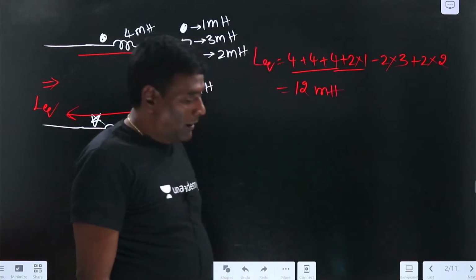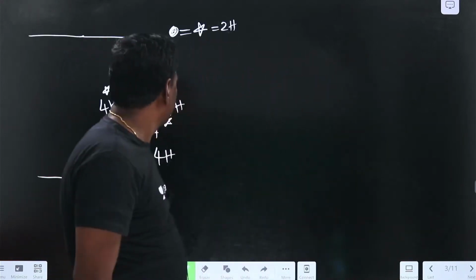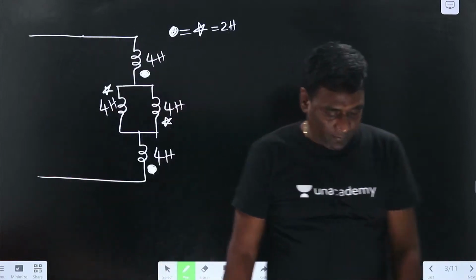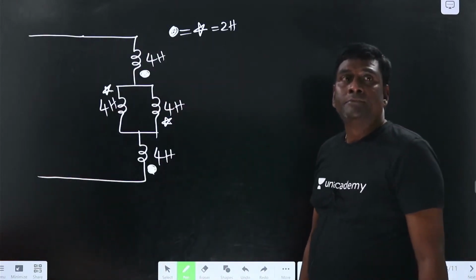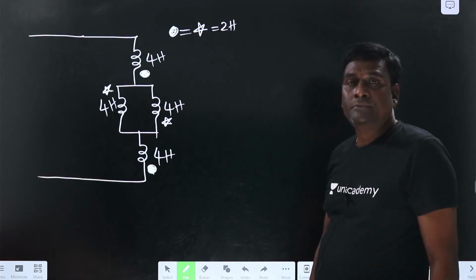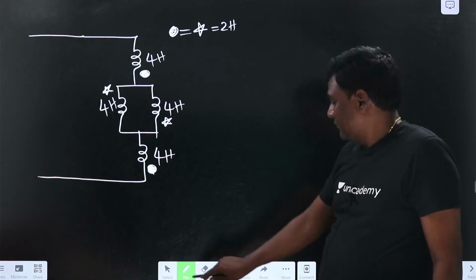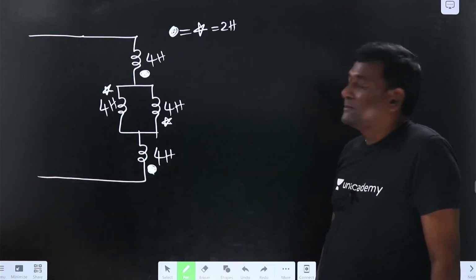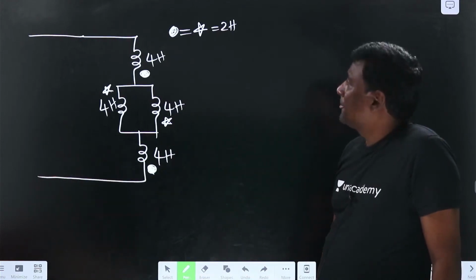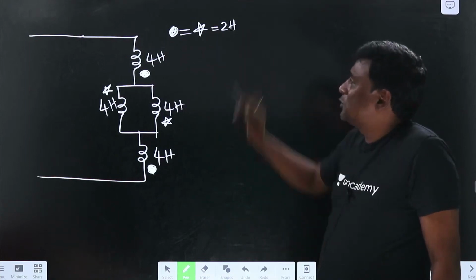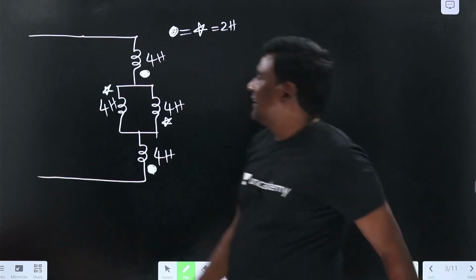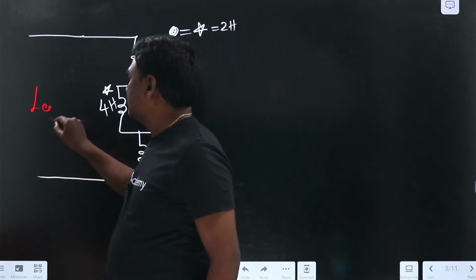Got it? Now let us see one more. In this, parallel is also there, series is also there. And circle star is going to be 2 henries, they have given. And L equivalent has to be found from here.